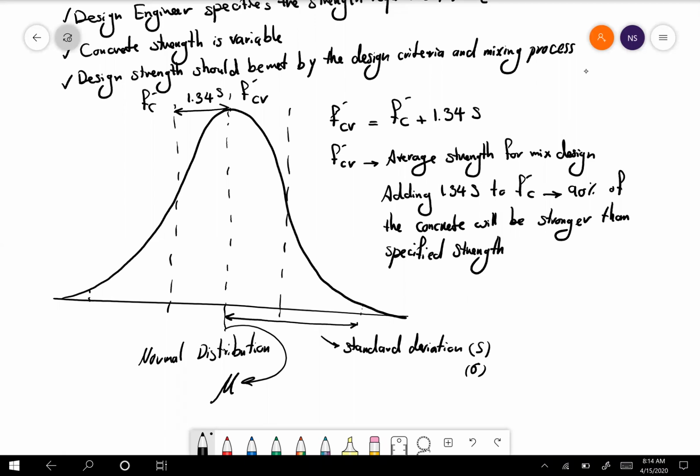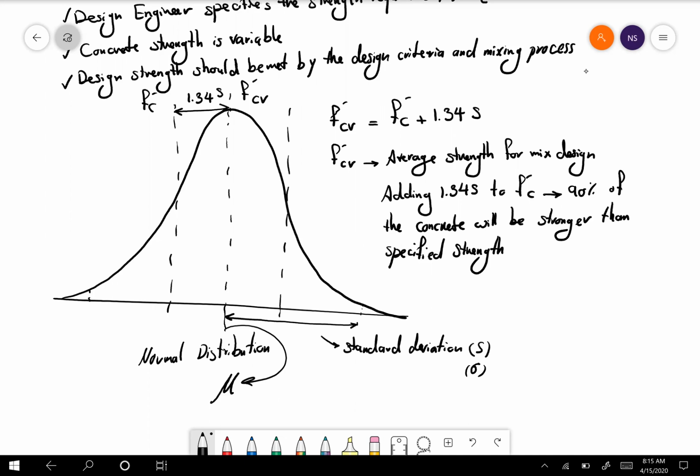So again, by being within 1.34 standard deviation of the average, we are making sure that at a 90% confidence level, we can say 90% of the concrete samples, if we take different samples, will be stronger than our F prime C, which is the required or the design strengths.